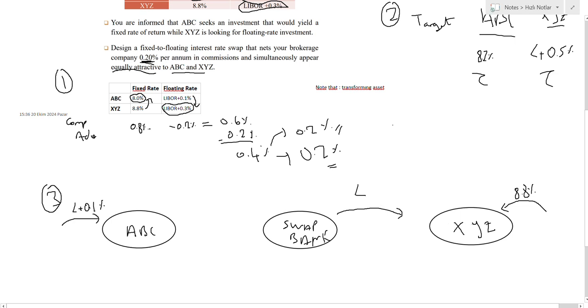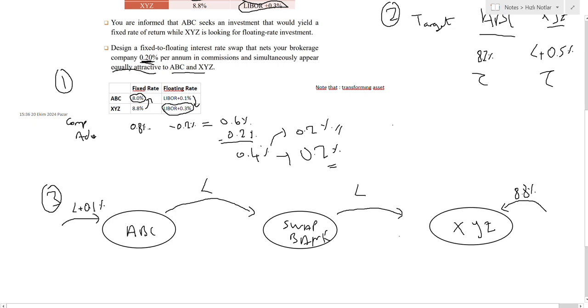XYZ company currently takes LIBOR and takes 8.8% fixed interest rate. But as a swap bank, how can we give LIBOR to XYZ company? As a brokerage company in the question, of course we take it from ABC. So now we have LIBOR also.